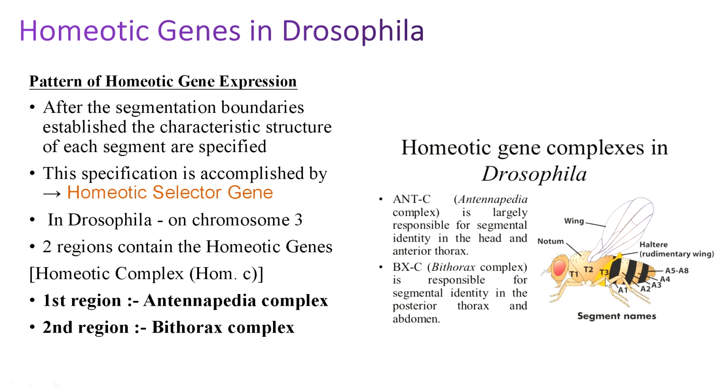We know the thoracic segments, the first, second and third, are where the legs as well as the wings are located. The remaining abdominal segments are also there, but these thoracic segments carry all these structures.